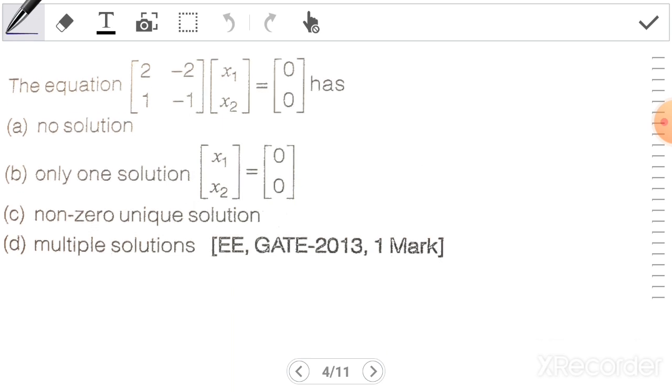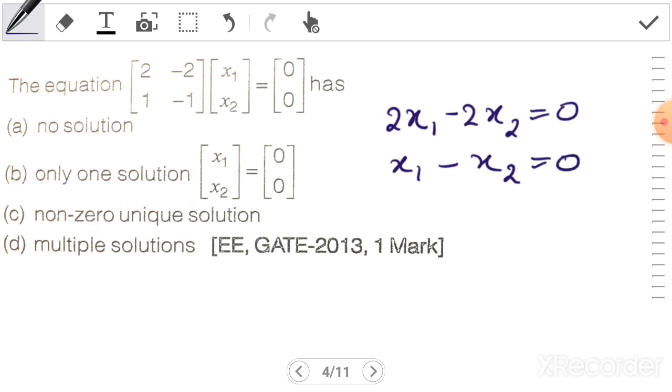Here you have to find whether this equation has no solution, one solution, non-zero unique solution or multiple solutions. So let us solve this. This will be 2x1 minus 2x2 is equal to 0, and the second equation will be x1 minus x2 is equal to 0.